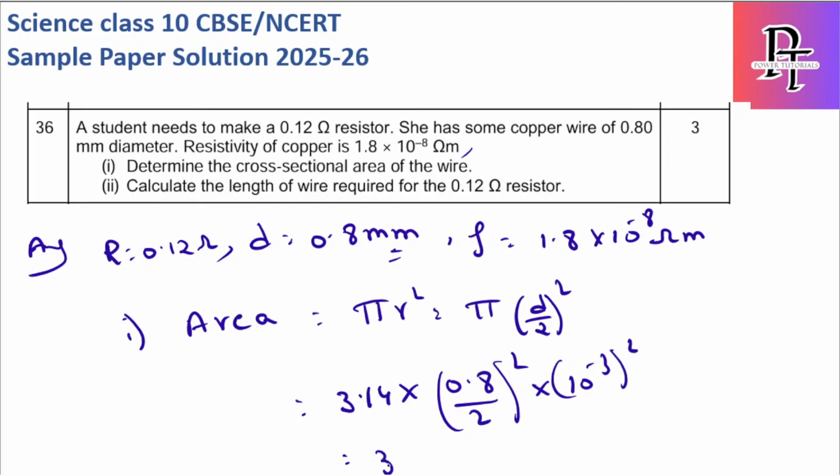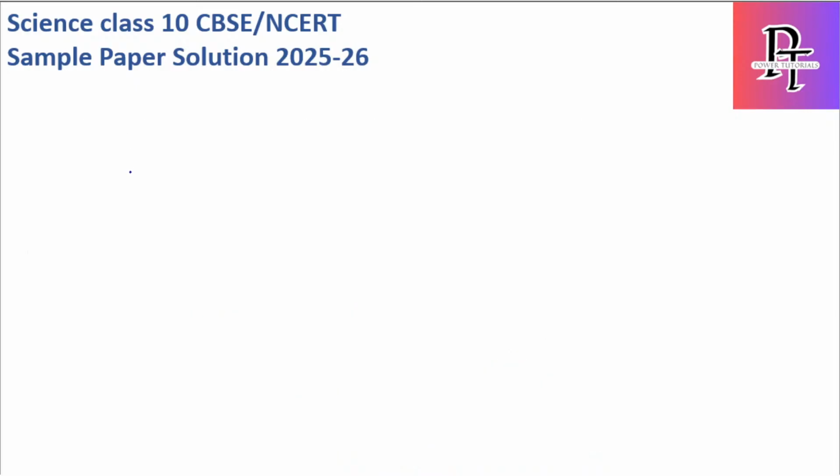This is the calculation part, but we need to do it properly. 0.4 whole square into 10 to the power of minus 6 meter square, because area unit is always a square unit. So what is 0.4 square? It is 0.16. So I need to do 3.14 into 0.16 into 10 to the power of minus 6.